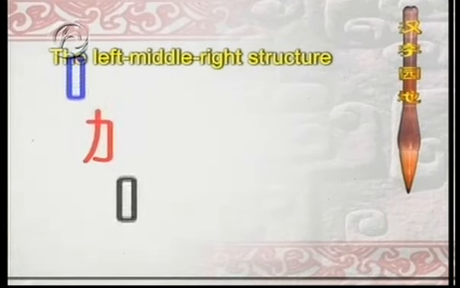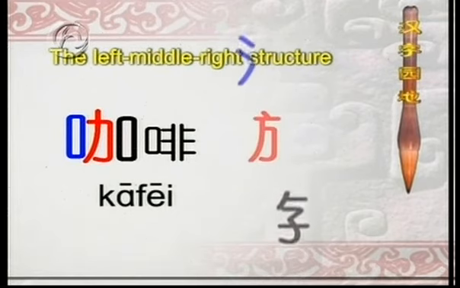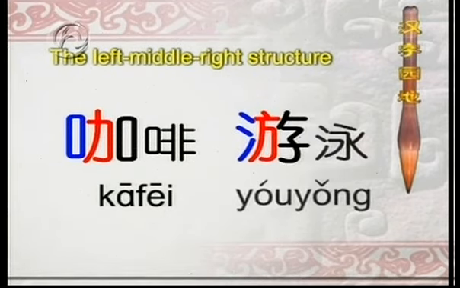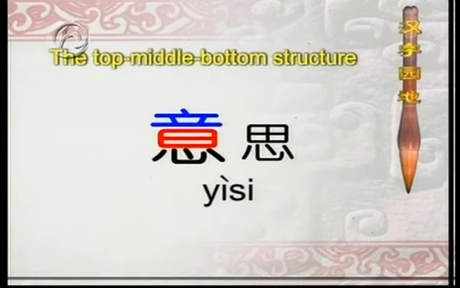For instance, the character 咖 in the phrase 咖啡 and the character 游 in the phrase 游泳 are both left, middle, right structure. And the character 意 in 意思 is top, middle, bottom structure.